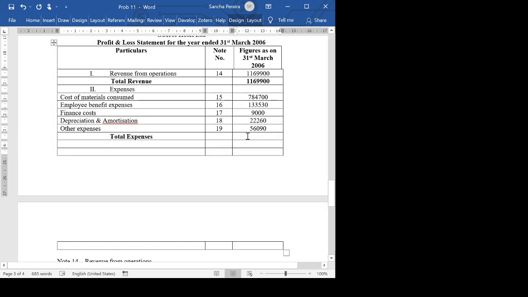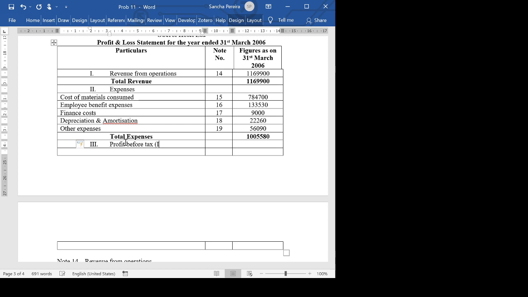So the total of this: 784,700 plus 133,530 plus 9,000 plus 22,260 plus 56,090 comes to 10,05,580.